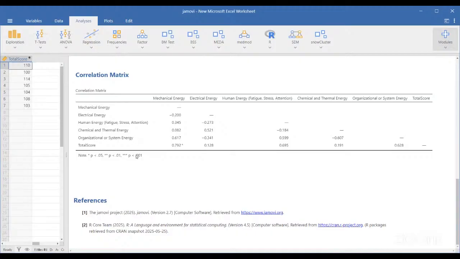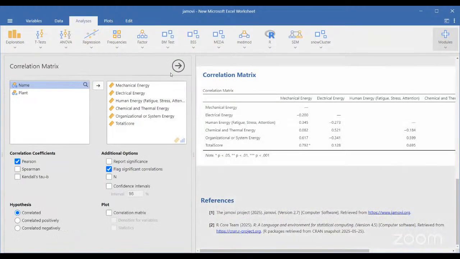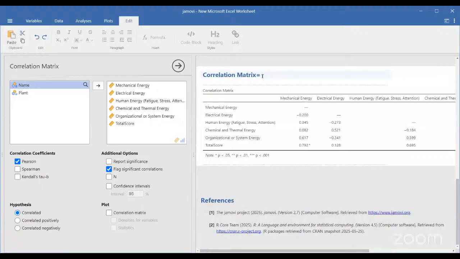Another one is the organizational system energy, 0.628. So three variables are there for the energy release.